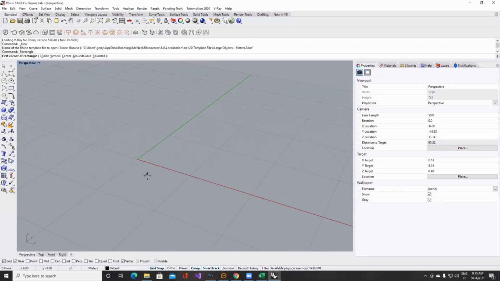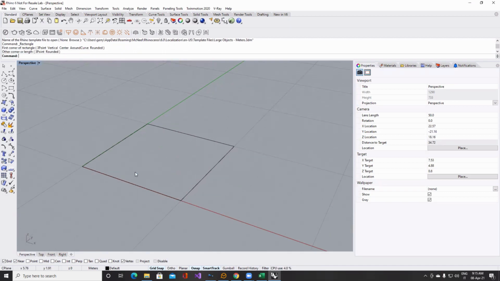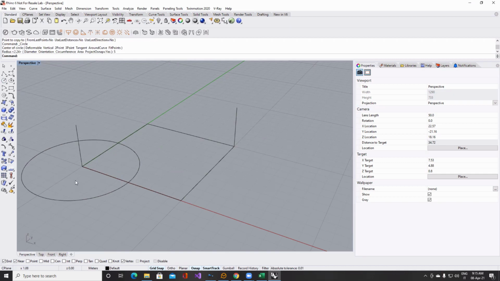I will not do a parametric model because everybody knows that doing a parametric model is quite time consuming. So I will just draw my poles, 4 meters, and I will copy these poles here and here. Then I will do a circle, 5 meters, too big, 3 meters.